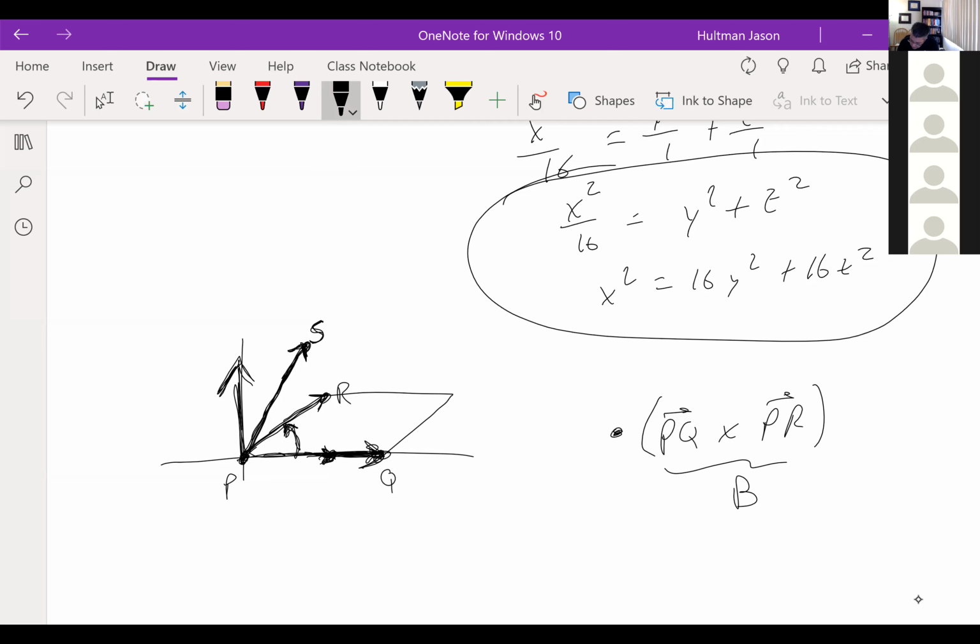So if I dot this B for base with S, that'll give me the volume, okay? So PS. And then you just take the absolute value of that. That's the main idea. Okay, that makes a lot more sense. Thank you.